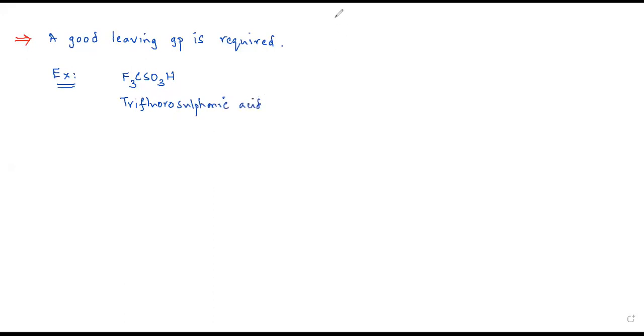And when it loses a proton, we get CF3SO3 minus. So this is of course called triflate ion. It is in fact considered to be a super leaving group.